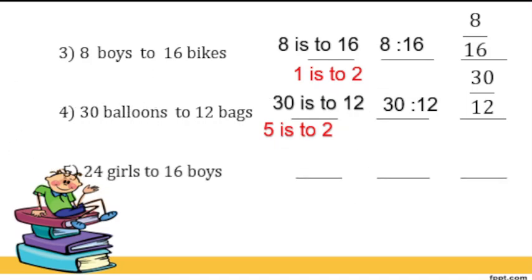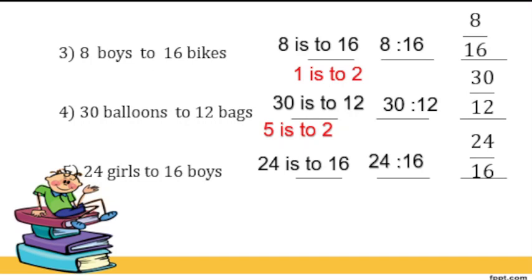And then we have 24 girls to 16 boys. How will you write that in word form? That is 24 is to 16 in word form, 24:16 in colon, and in fraction 24 over 16. Again, what is common to 24 and 16? Let's get the factors of 24.